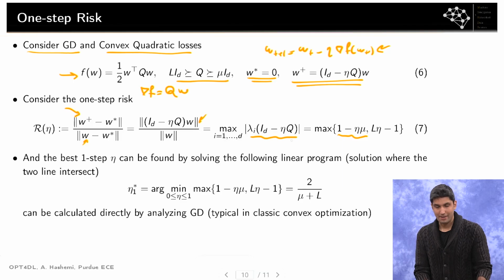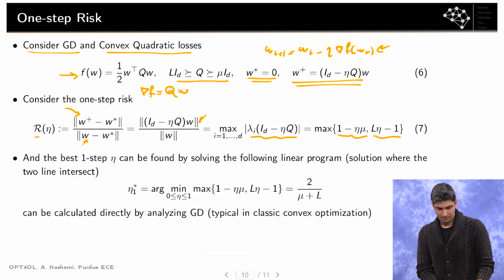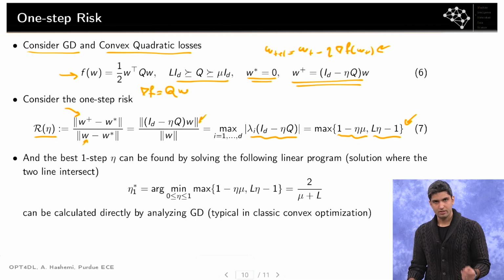Therefore the magnitude of the largest eigenvalue is going to be L times eta minus 1. It's not very important for us, but after certain very basic linear algebraic concepts, we can show that the one-step risk is going to be given by this formula, and it only depends on the learning rate.